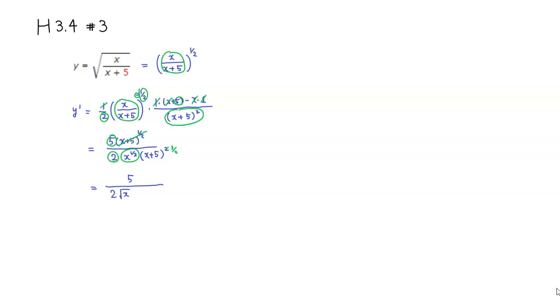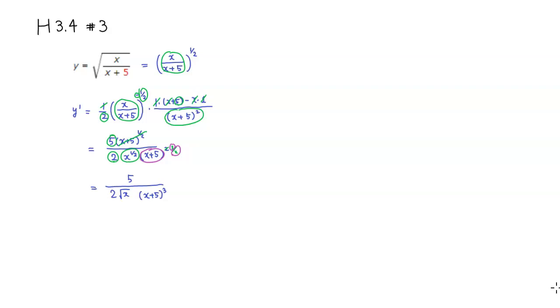Then we can probably just write it as x plus 5 raised to the 3rd power. There's a 3/2 power there on x plus 5, so I'm going to put the 3rd power, and then we still have a 1/2 power, so that's a square root.